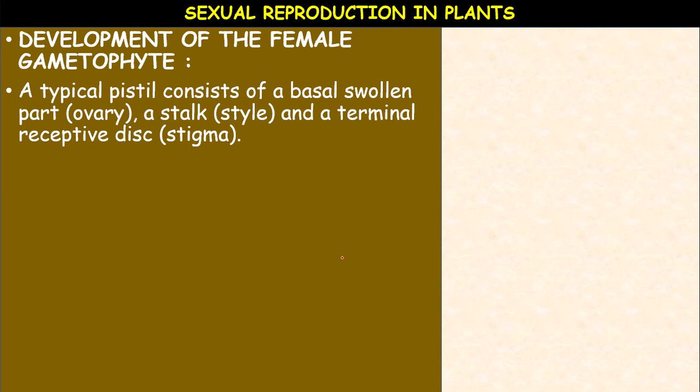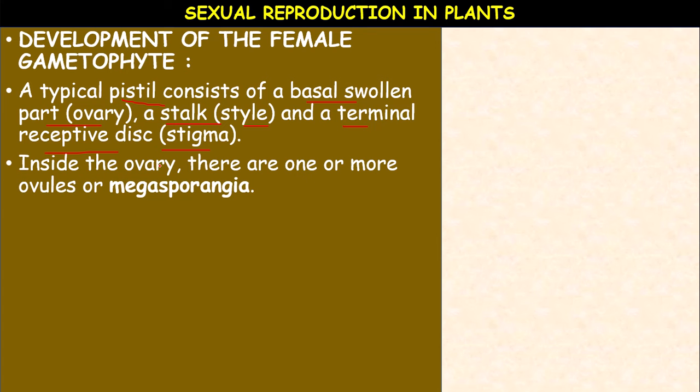Inside the ovary is the ovarian cavity with one or more locules and the parenchymatous cushion called placenta, from which arise ovules. How the ovules are formed, that we are going to discuss. A typical pistil consists of the basal swollen part called the ovary, a stalk called the style, and a terminal receptive disc called the stigma.